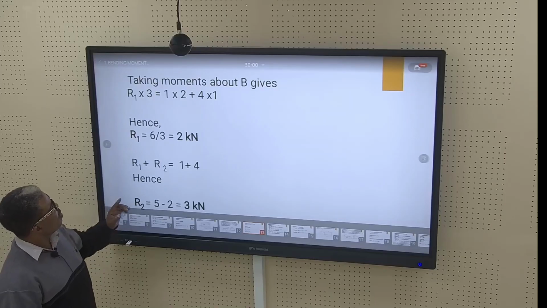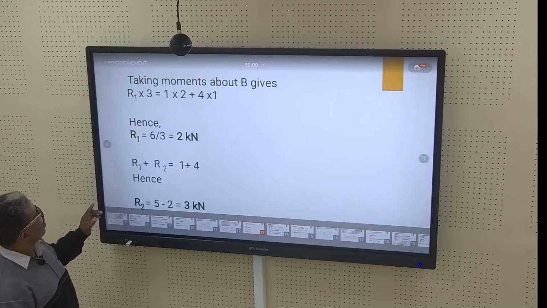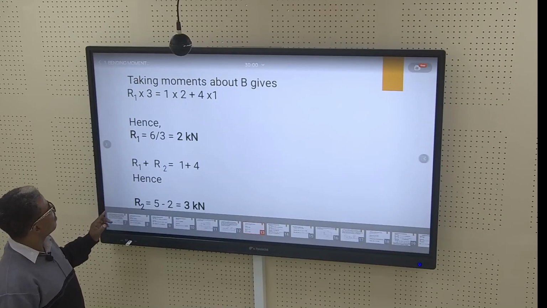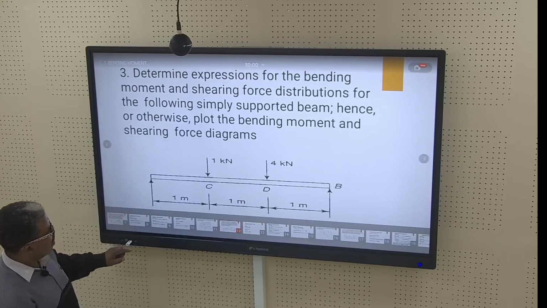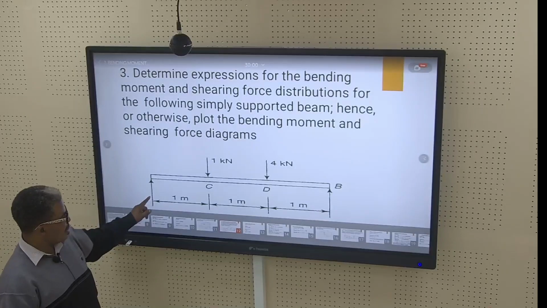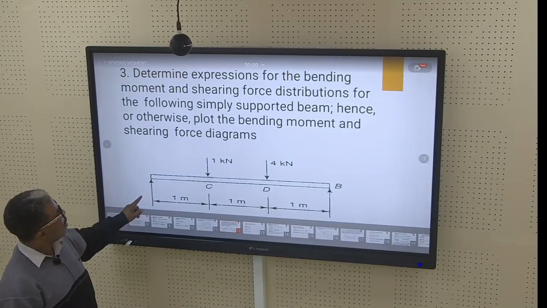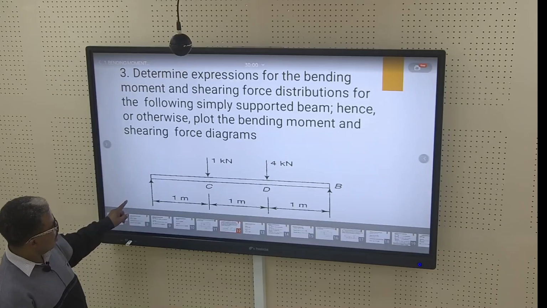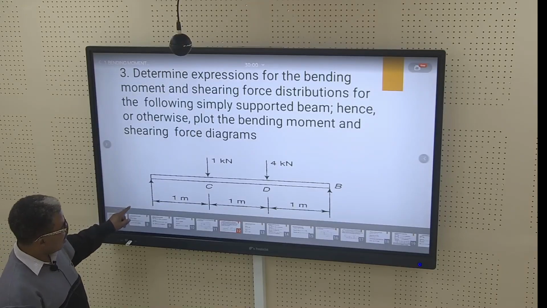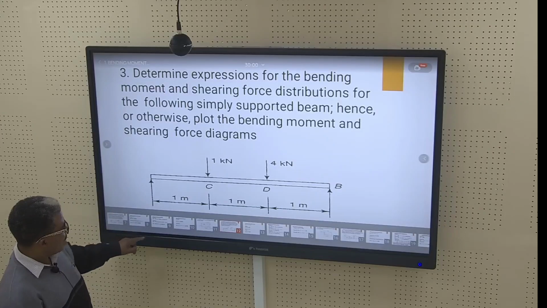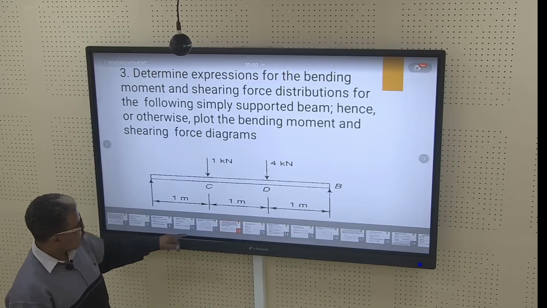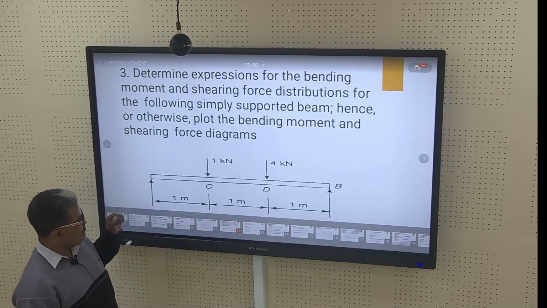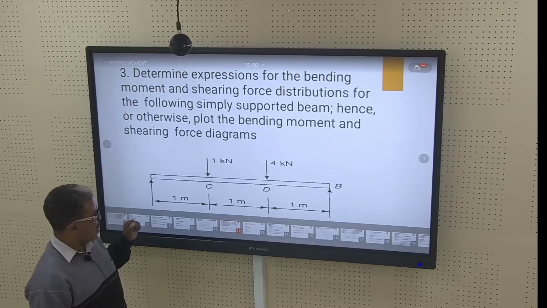So taking moments about B gives R1 times 3. The total distance is 3 here to B. So 1 plus 1 plus 1, it becomes the distance, which is how much?